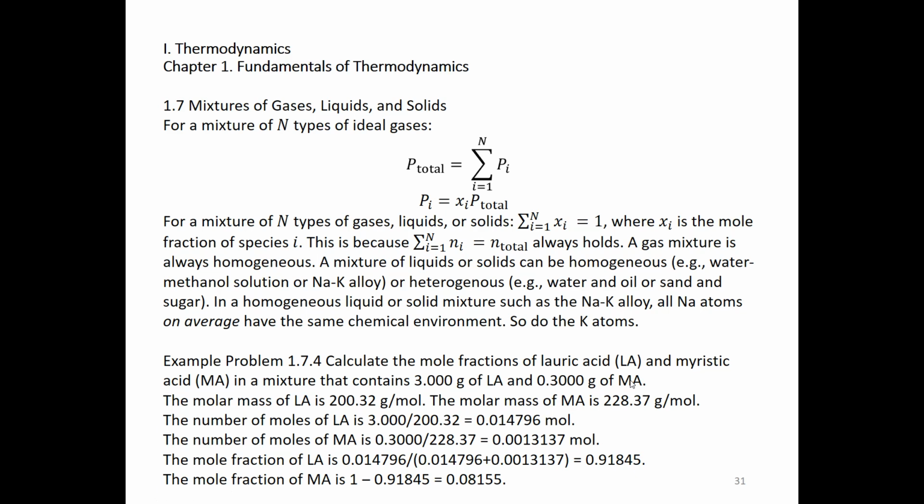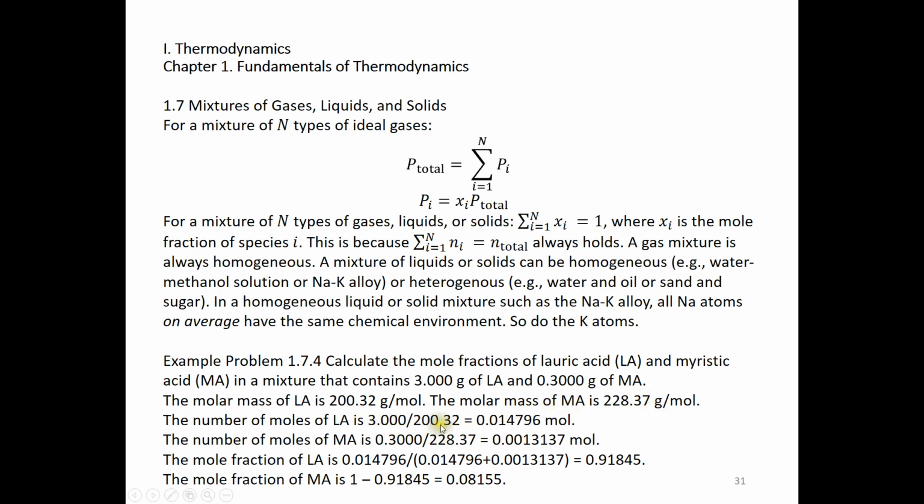Now let's do the calculation. What are the mole fractions? If you want to calculate the mole fractions, the first step is always to get the number of moles for each component. Over here we have 3 grams of LA. We look up the molar mass of lauric acid, it's 200.3, and also we can calculate the number of moles for MA by looking up the molar mass of MA. The calculation is straightforward.